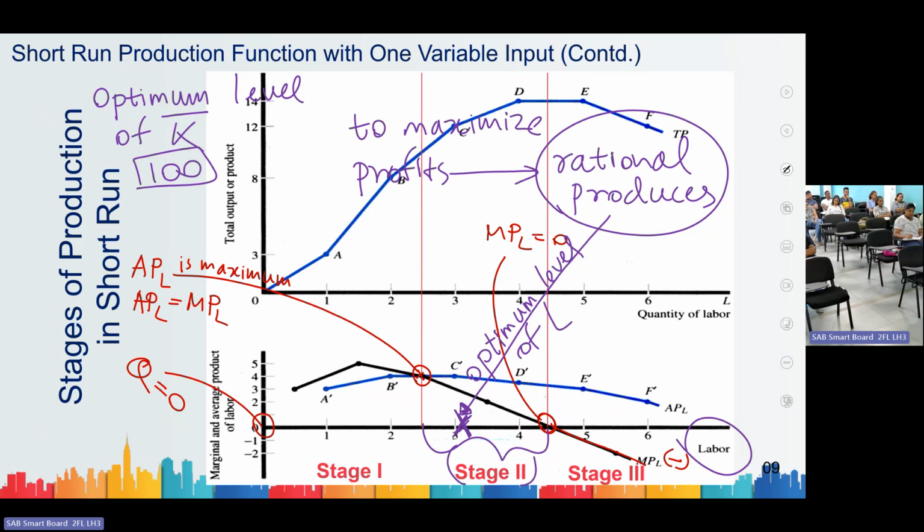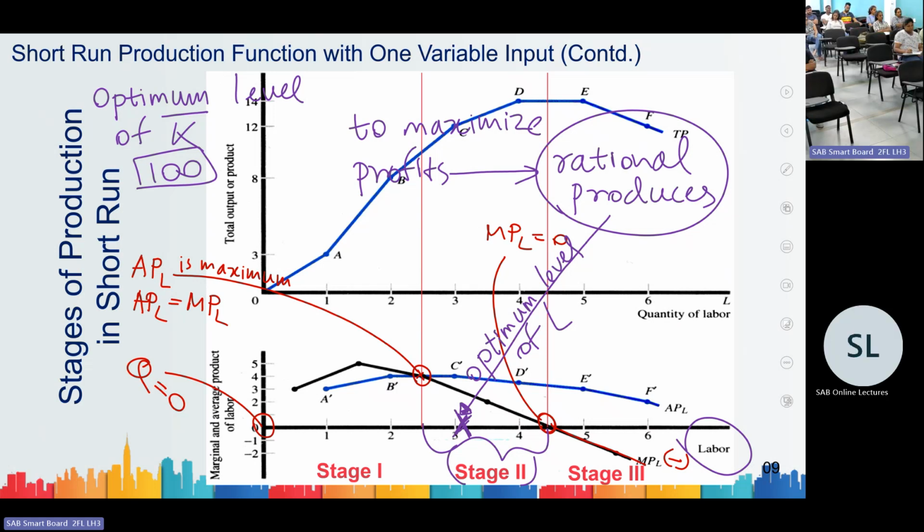It's already given. In my garment factory example, there are 10 machines. So they are already provided. So let's see how to decide the optimum level of labor at which a rational producer will operate.